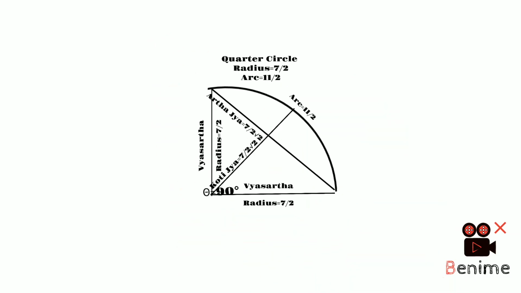Today we'll talk about the human DNA, and to do that we need to first know how the DNA forms and what are the components. So let us take a quarter circle.